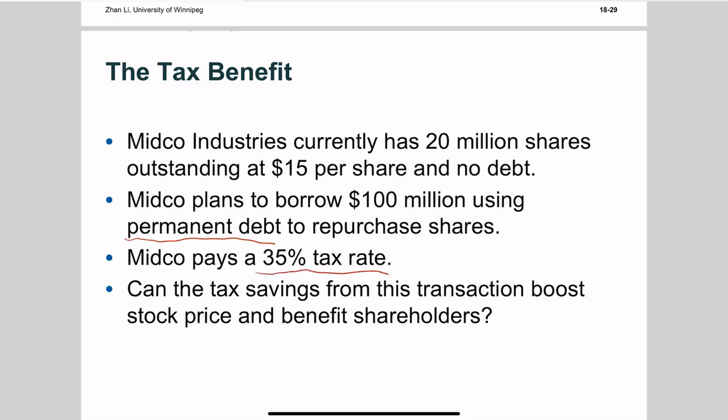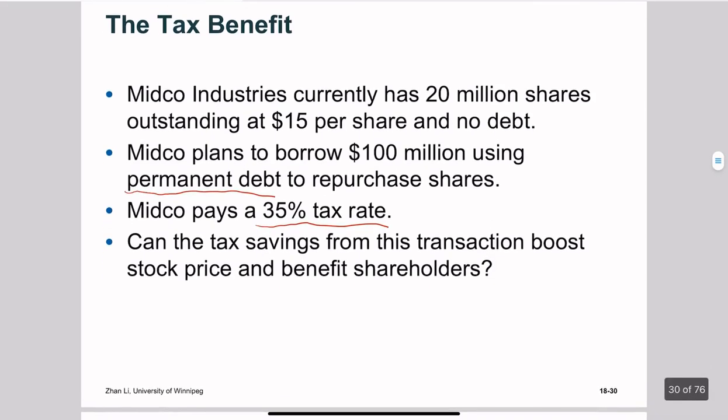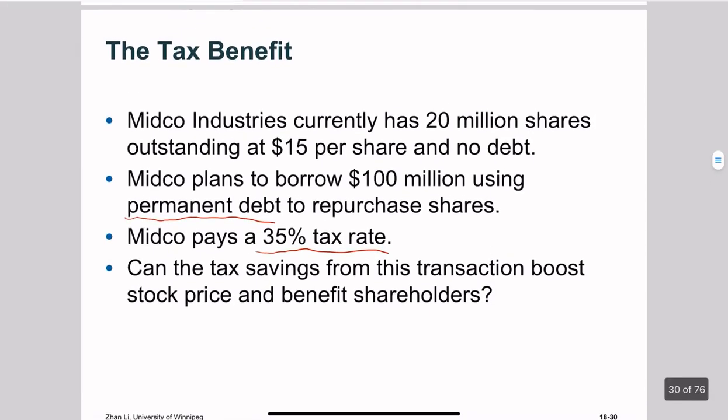Now, what's the question? The question is, can the tax savings from this transaction boost stock price and benefit shareholders? So how do you solve this? Well, the starting point is you have to understand that if the firm is using debt, then the firm's total value should increase.